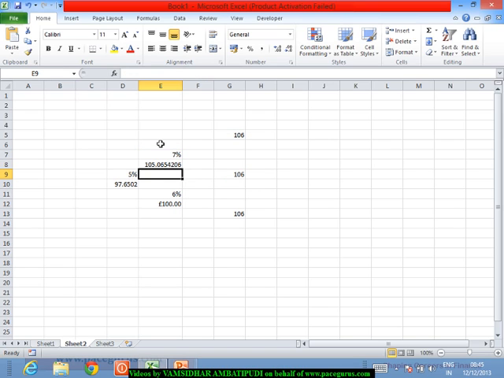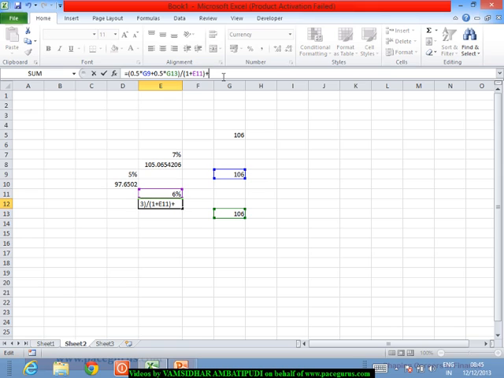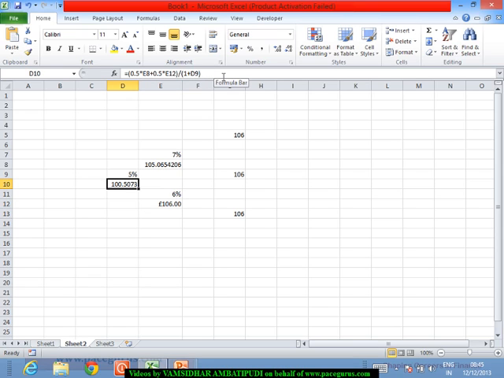The value is becoming here 105 point something, and the same logic I am applying here, I am putting a coupon of 6 here, which is working out to 106, and both of these things now discounted at 5%, because here I don't get any coupon, I don't need to add. In the current year I will not get any coupon. I will get a coupon at the end of 1 year and at the same time at the end of 2 years.